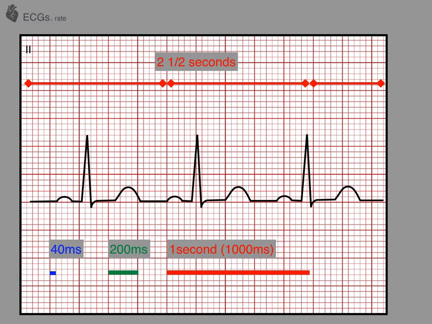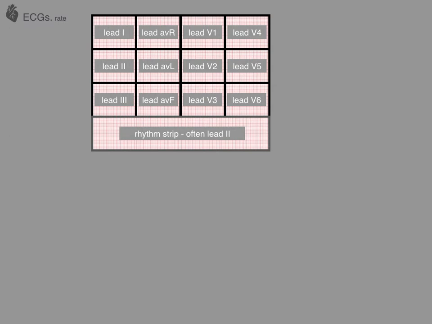Each lead on the ECG usually records for 2.5 seconds. So if you look at each individual lead, that box will be 2.5 seconds long. This image sets out how a standard ECG will look or print.